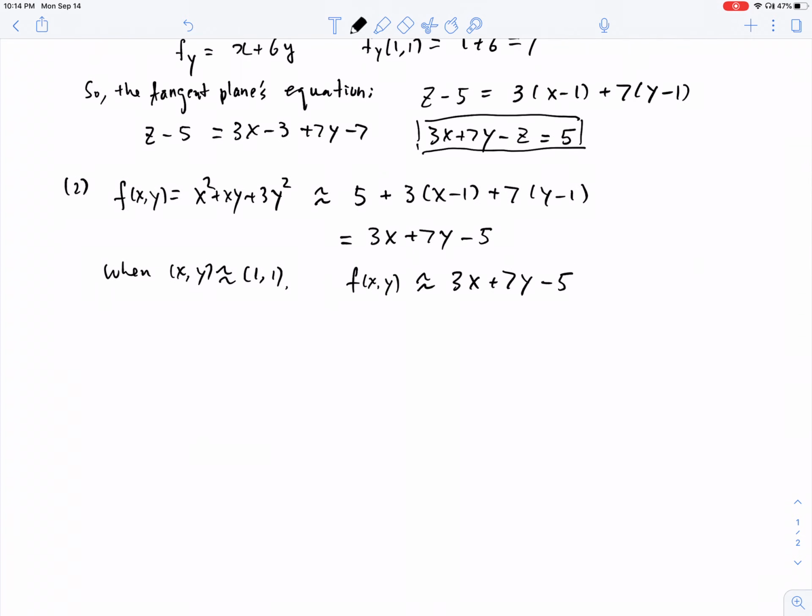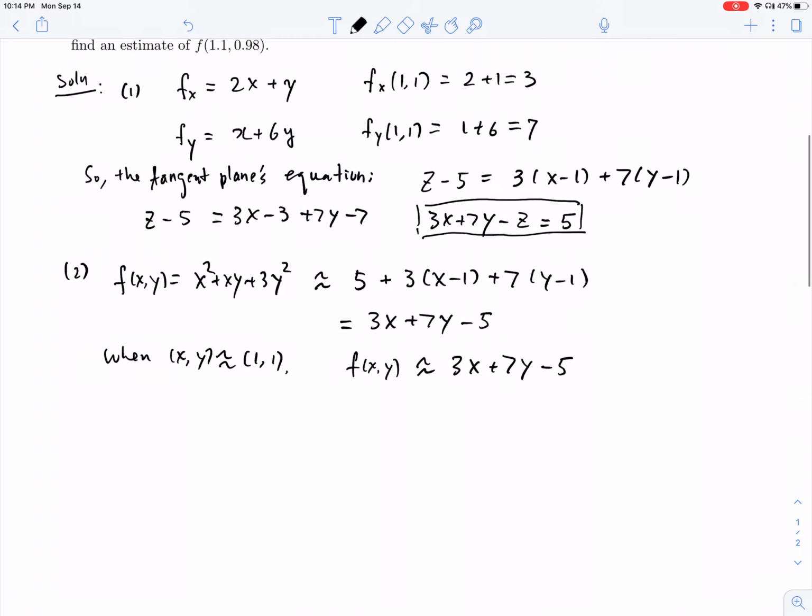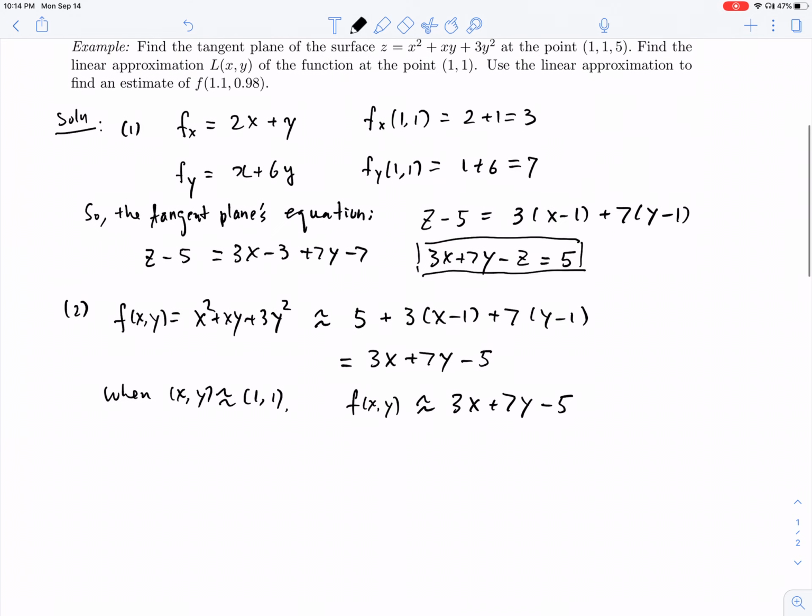Now let's see if we can apply this linear approximation to find the approximate value of f at the point 1.1 and 0.98. It's actually easier to use the first formula, number 3.